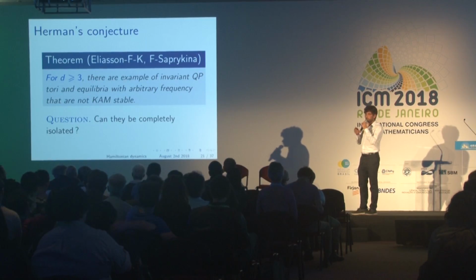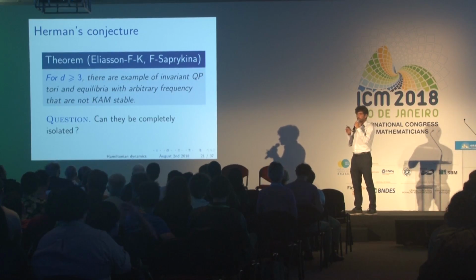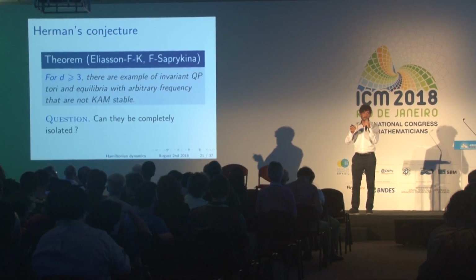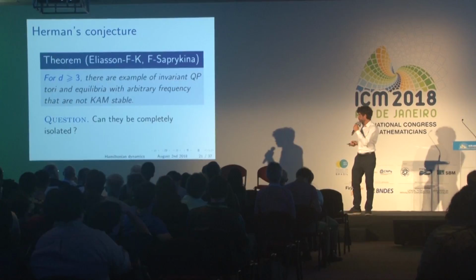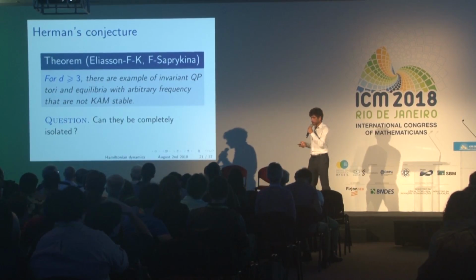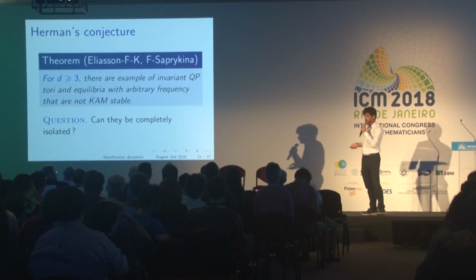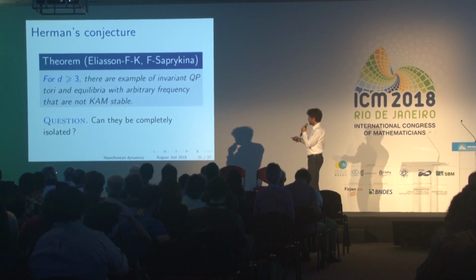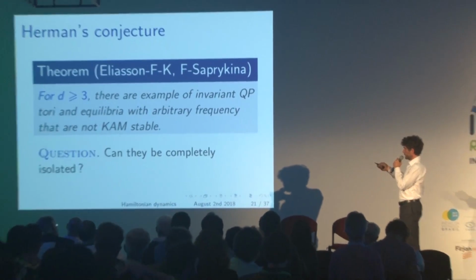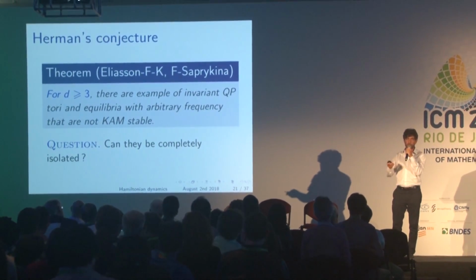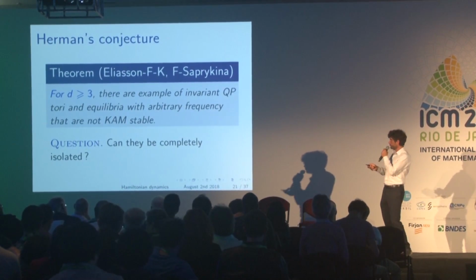So one may hope for examples where the point is really isolated from any other invariant set. But there is a question by Pérez-Marco that something like a hedgehog must exist around the fixed point. Nevertheless, it's a question: can you have no invariant tori in the neighborhood of the elliptic points?